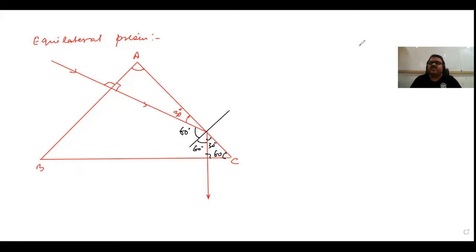Now let's draw a 30, 60, 90 prism, correct?